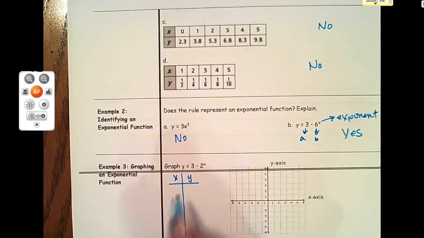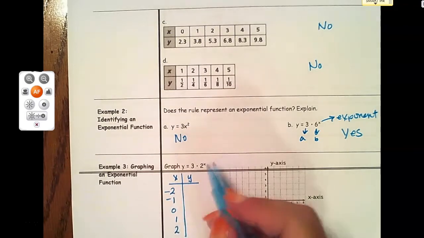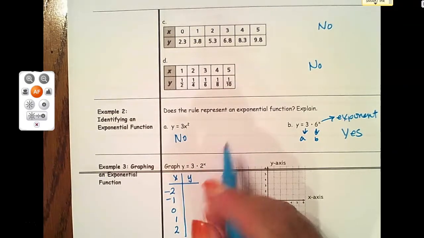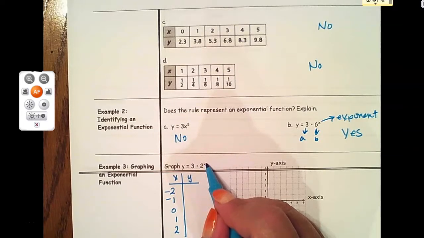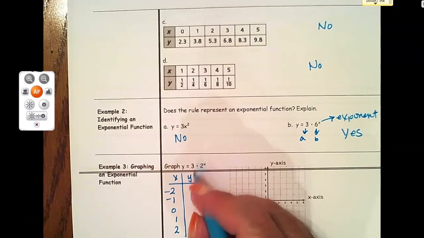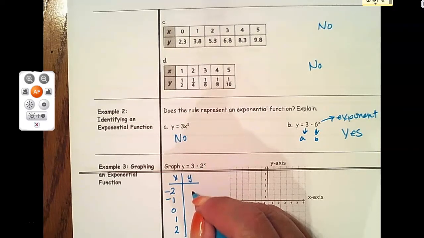So I'm going to use my standard 5 points that I always use to graph functions. I'll start with -2. I'm doing the order of operations, so exponents first. So 2 to the -2 is a fourth times 3 is 3/4.